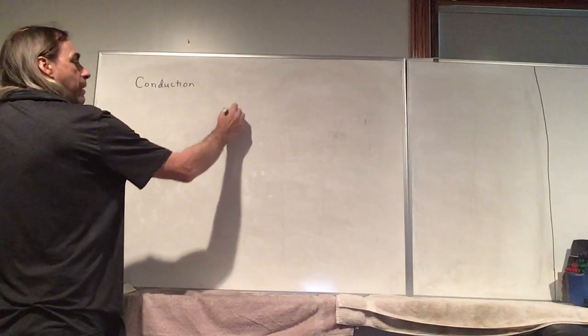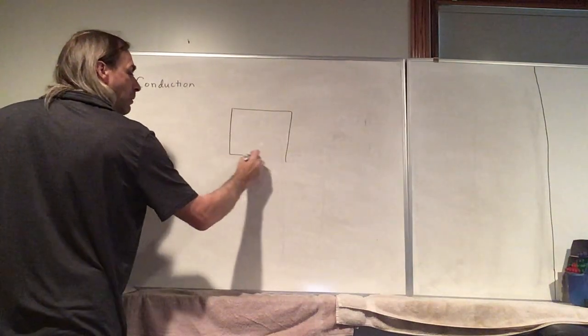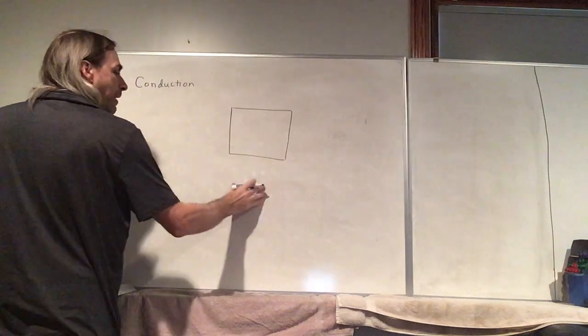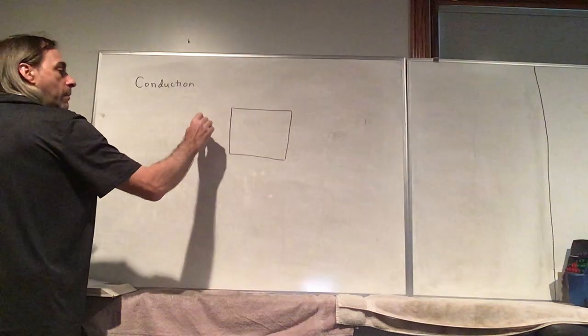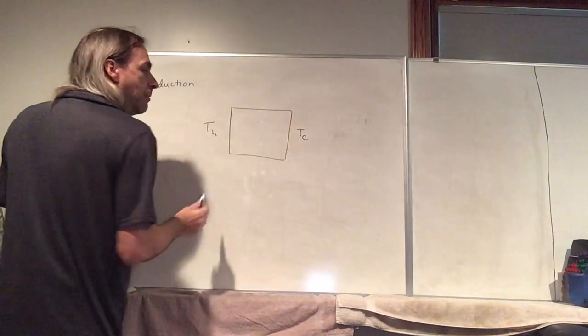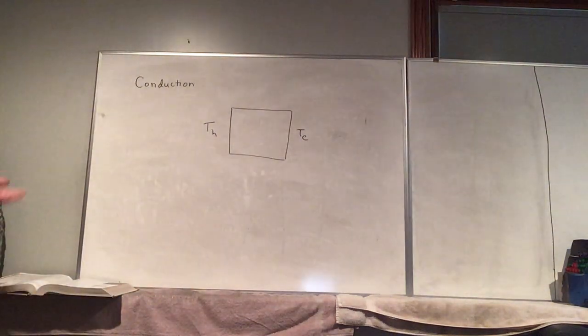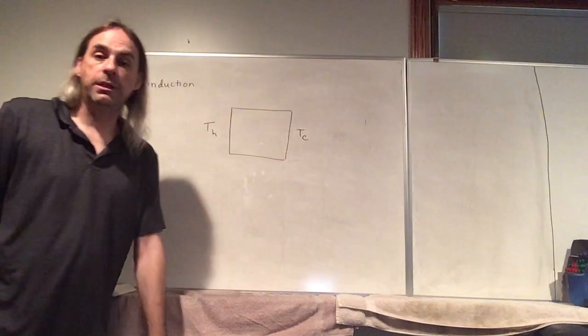So let's say we have a material that has different temperatures. Say on the left side, I'm going to call it TH, and on the right side, TC. This one is the hotter temperature, this one is the colder.